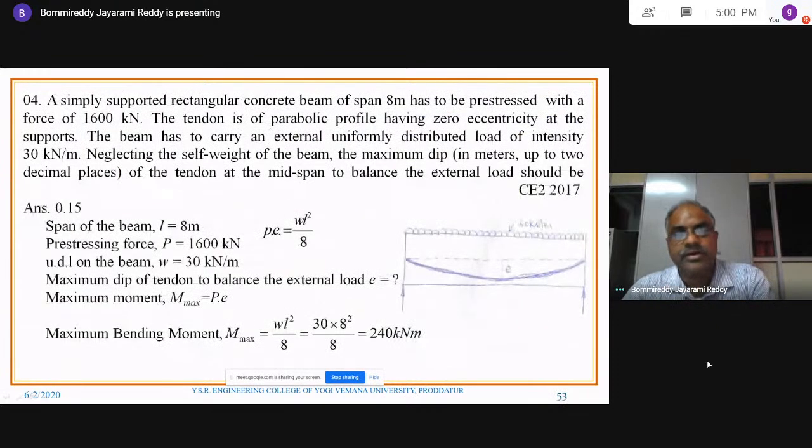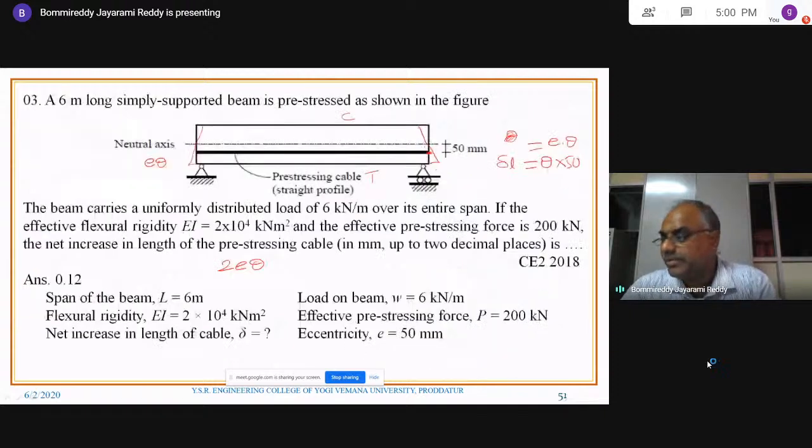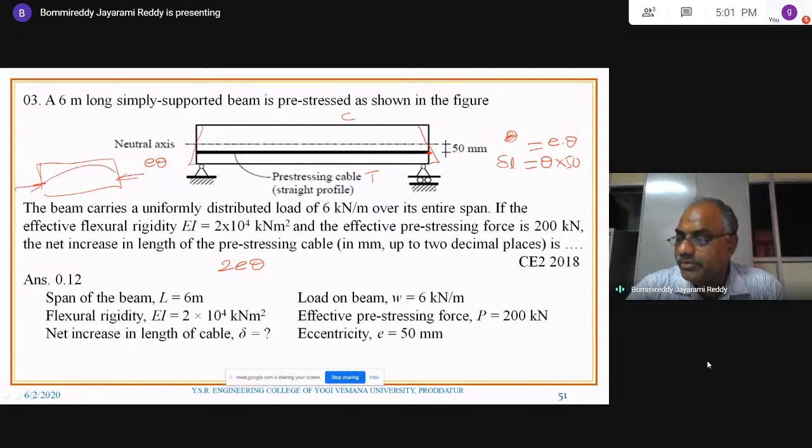So when you compress it, what's going to happen? This is the member. When you compress it, it is going to take the deflection like this. So the deflection shape is in this way.